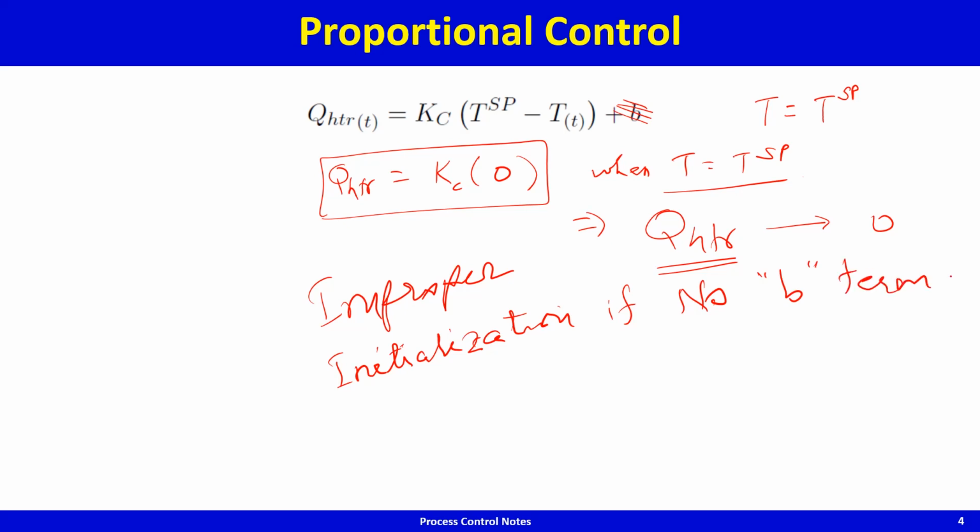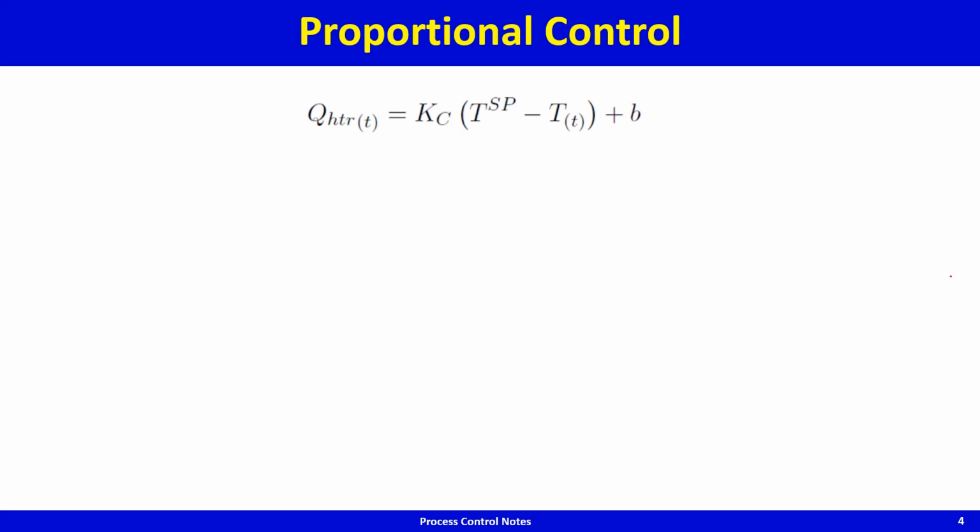Now imagine the bias term is there. You switch on the controller, temperature is equal to T set point, and then you initialize B to be the initial value of QHTR at T equal to 0 minus, just when you are switching on the controller.